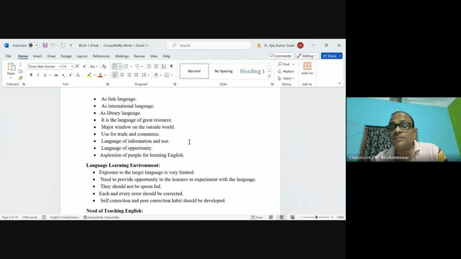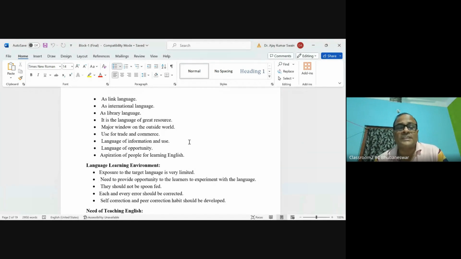English is the language of the United Nations Organization. It is used throughout the world, so it is an international language. English is also known as a library language. It is the language of great resource and a major window on the outside world. English is used for trade and commerce, and the English language gives information about the world.